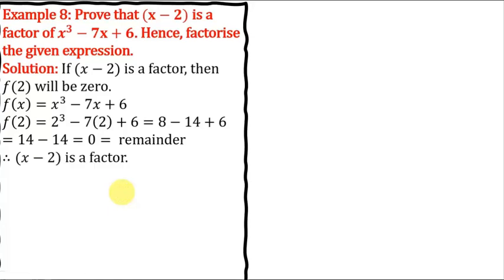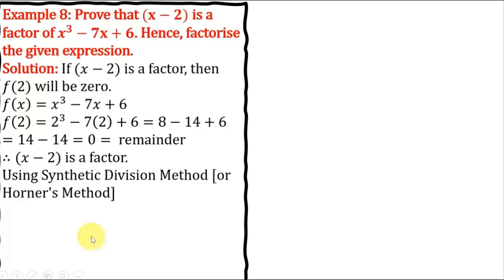Now next, x minus 2 is a factor. Okay, it's given. Next is using the synthetic division method. Okay, we'll find out the second factor. If you observe this polynomial, if we write it in decreasing order, you can see x cube, which term is present there?